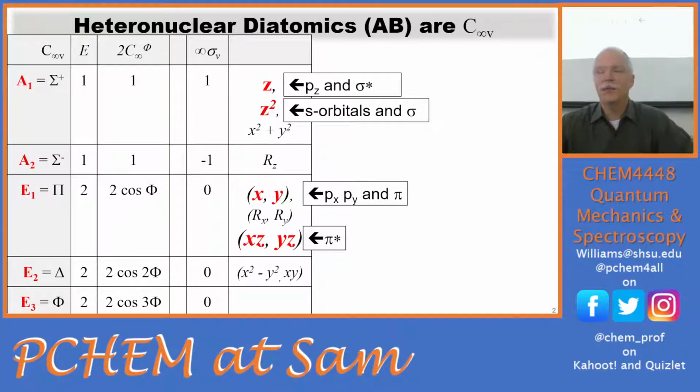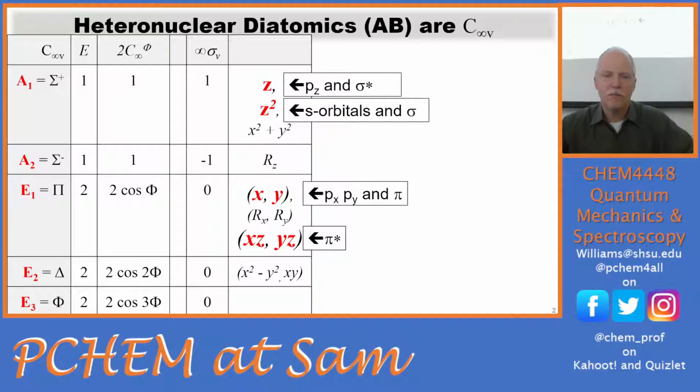And so is the sigma star. So sigma stars are out of phase along the z axis, and so the positive z looks different than negative z. So it has z symmetry, and so that'll be A1. So it's really easy for a diatomic to assign the symmetries, and we'll get some more practice on that today.